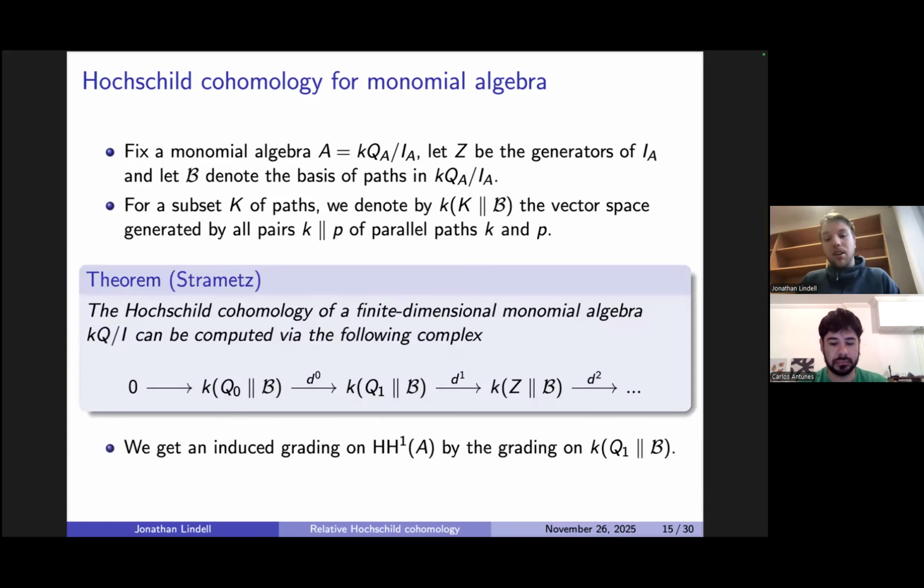In particular, we have a grading on the term in degree 1, given by the length of the right-hand side. So in particular, for the monomial case, we get an induced grading on HH1 of A from the grading that we have in the complex.